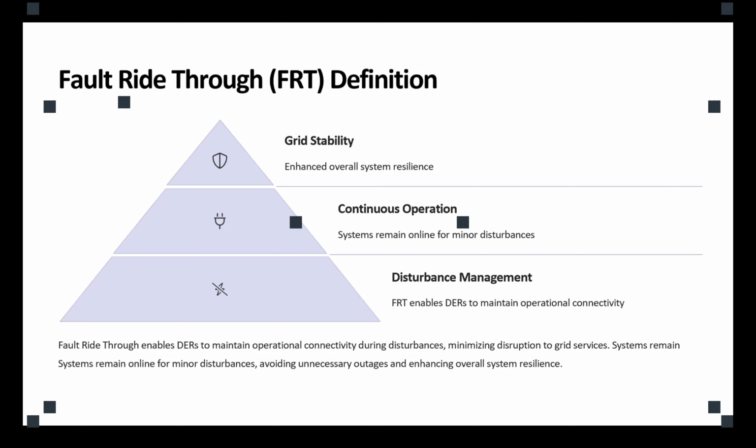The definition of fault ride-through is that what we want to do is enhance grid stability by continuing operation during a disturbance. So the system should remain online for minor or tolerable disturbances.